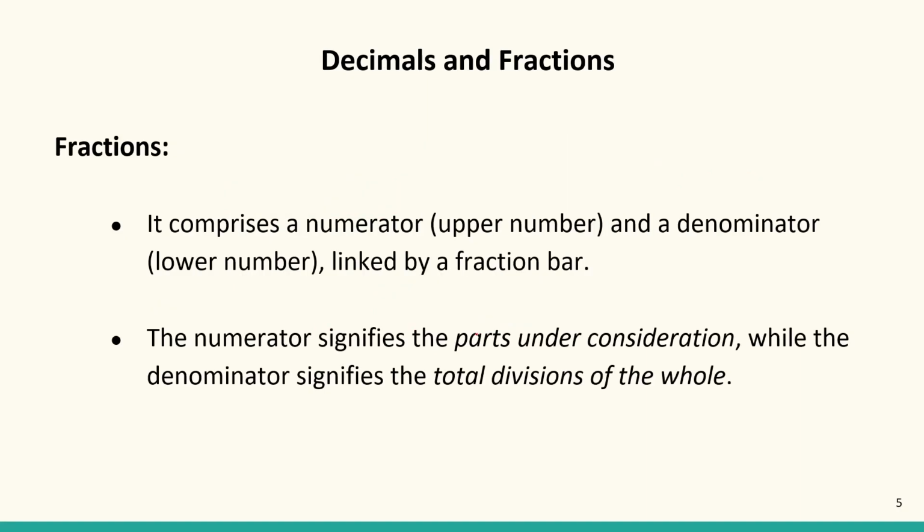So what are fractions? It comprises a numerator, just like I told you, that is P by Q, where P is the numerator and Q is the denominator. It comprises a numerator and a denominator linked by a fraction bar.